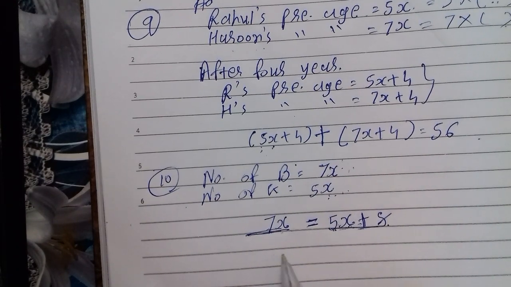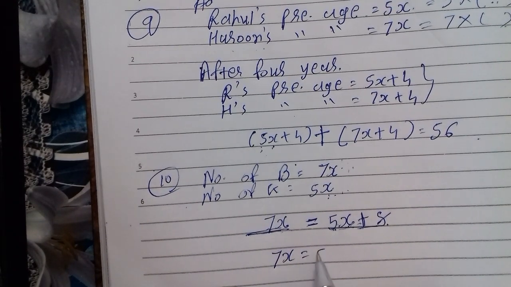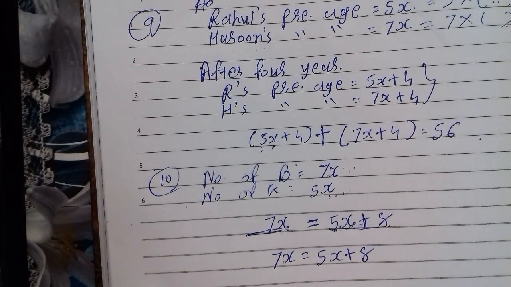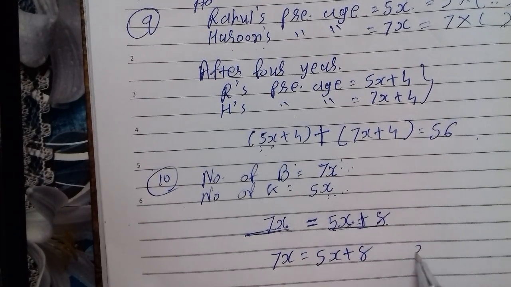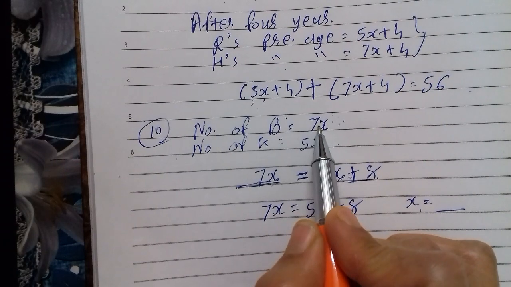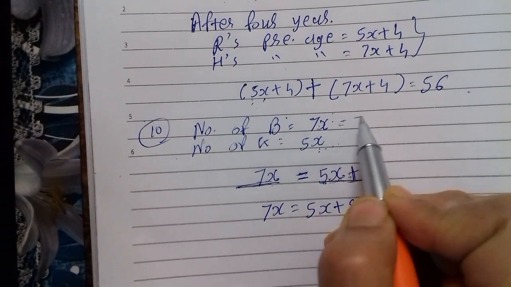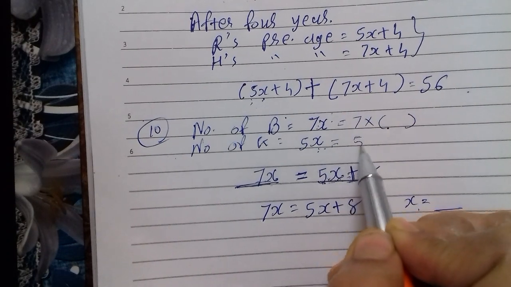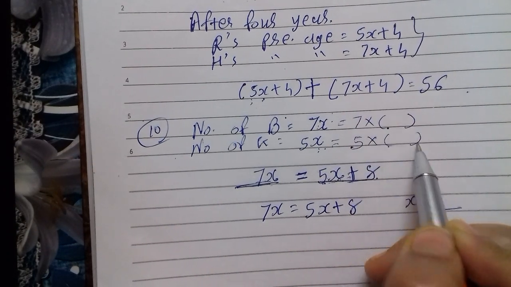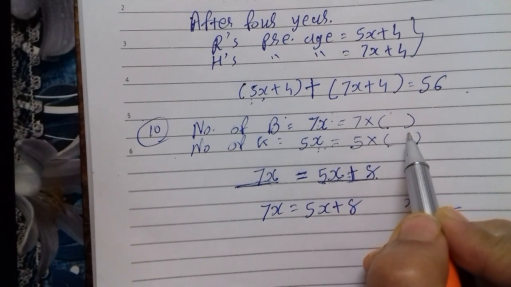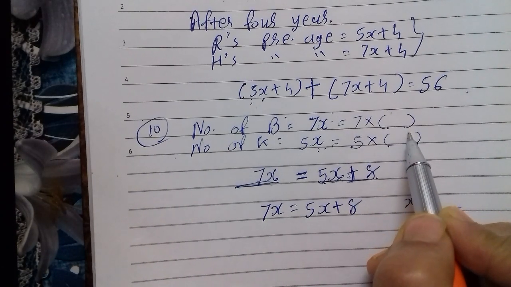This is your equation now: 7x is equal to 5x plus 8. Now solve this equation and you will find the value of x. Then put this value in the number of boys, 7 multiplied by x, and the number of girls, 5 multiplied by x. So you will get the number of boys and number of girls.